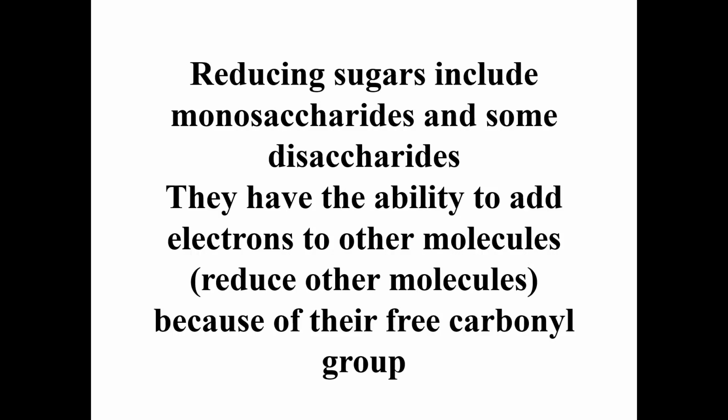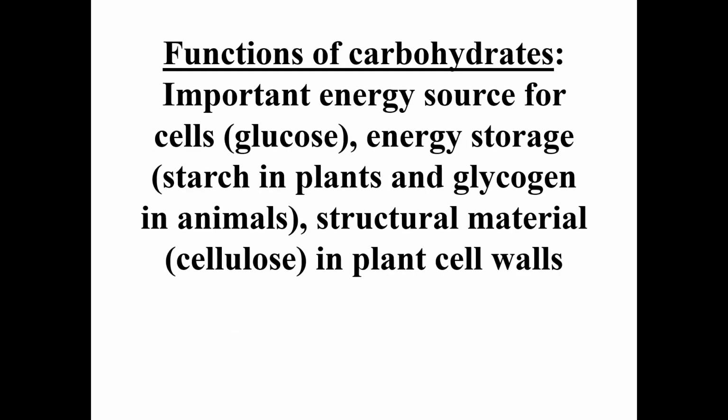So when you give an electron to something else, that other molecule is reduced, okay? And when they do that, they free up a carbonyl group. Like I had said, carbons have 4 different valence electron positions that they're able to have bonding to. But when a sugar reduces another molecule, it can free up that carbonyl group.